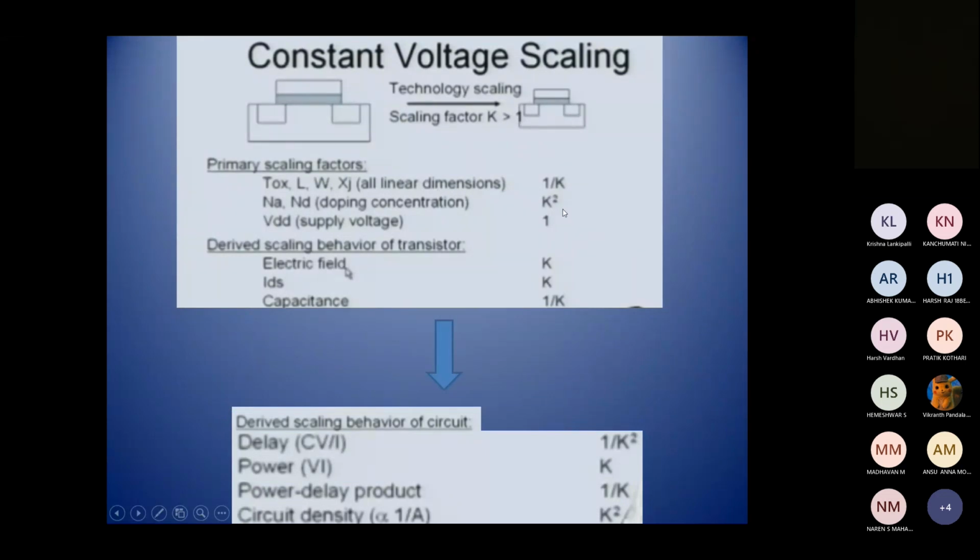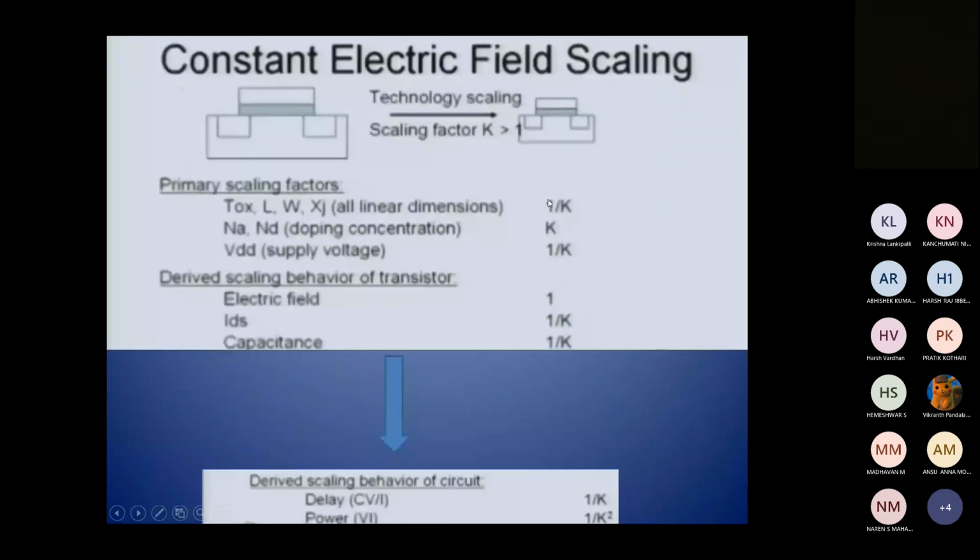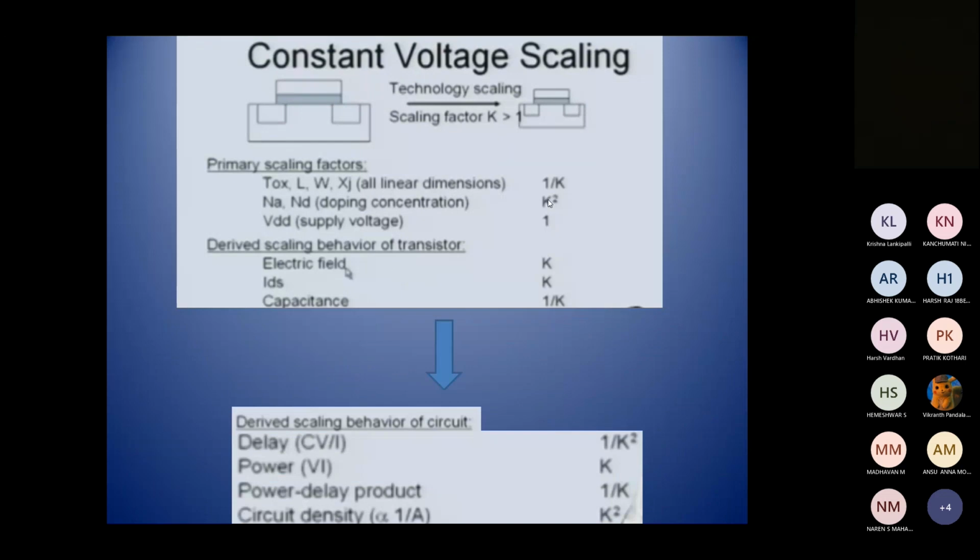So this is one difference between constant electric field scaling and constant voltage scaling. The doping concentration here is multiplied by k square, whereas in constant electric field scaling it is multiplied by k.